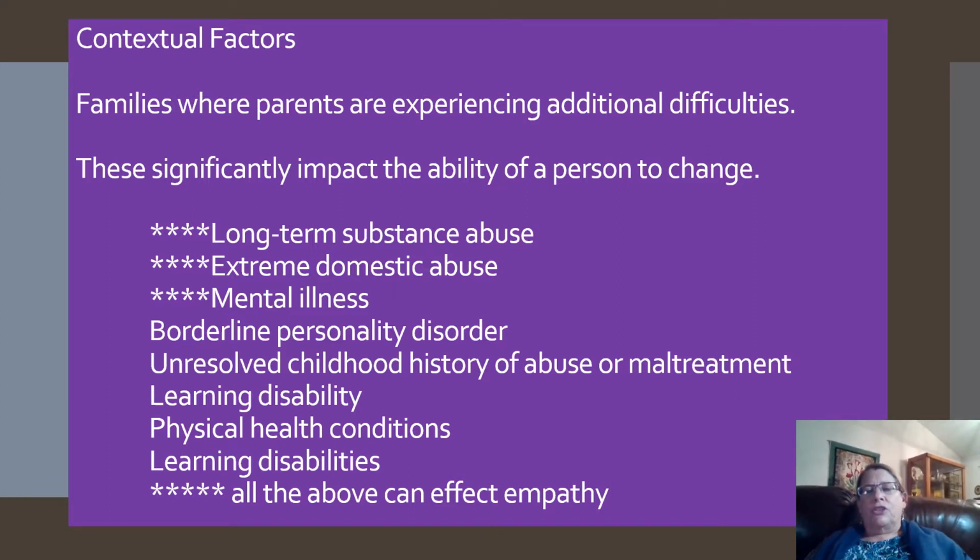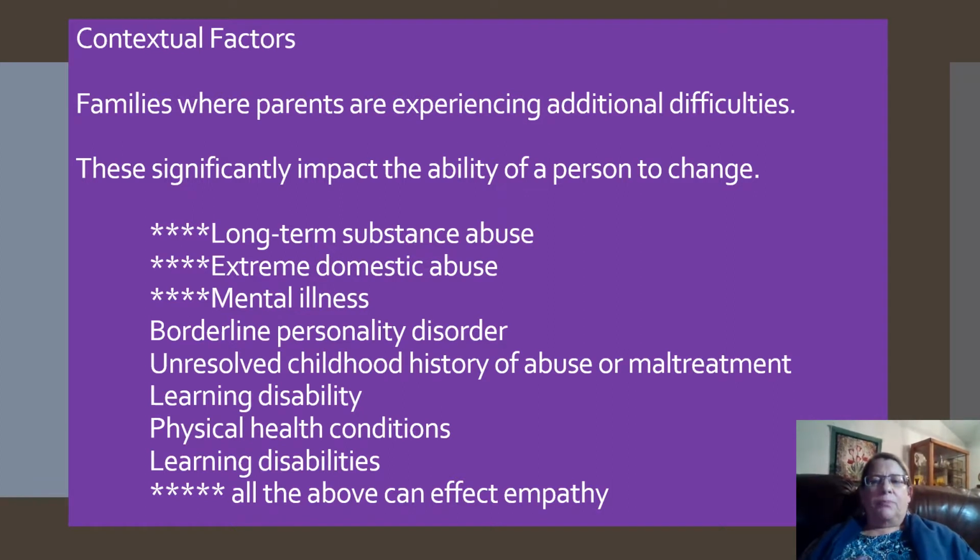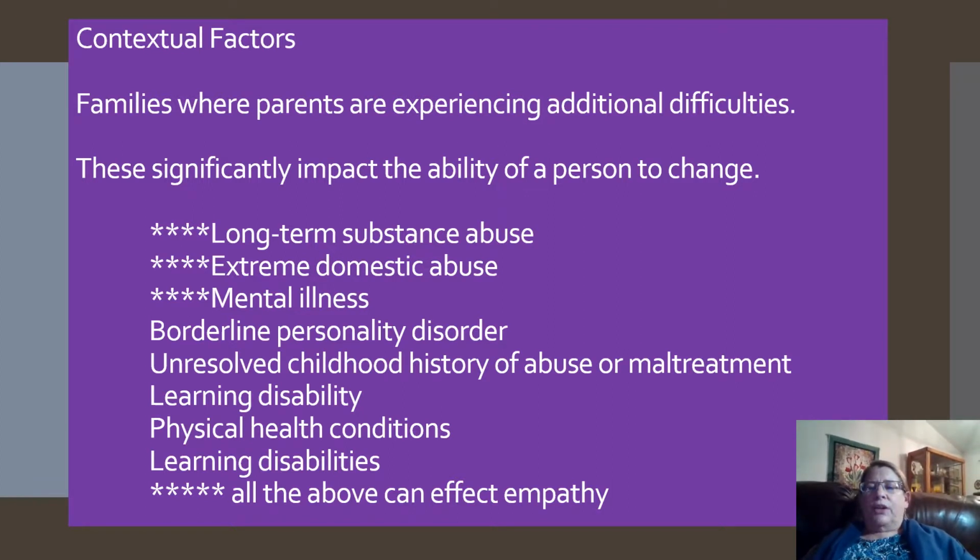If we have long-term substance abuse, drinking or drugs, extreme domestic abuse with a long-term history of it, or mental illness, we're talking bipolar disorder, major depression, schizophrenia, any of those brain disorders that are really out of that person's control. And above all, if this person has no ability to have empathy of any sort.